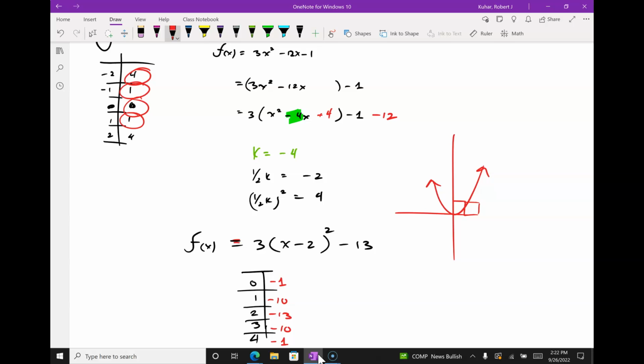I'm going to move down 13, and I'm going to stretch it by 3. Not a very good graph, but I'll try again. So I moved it over 2, down 13, and I stretched it by 3.